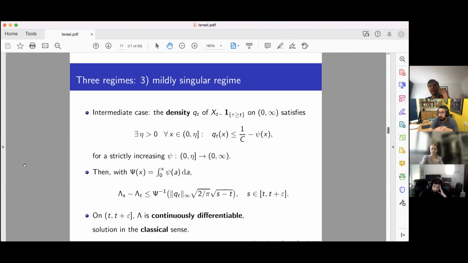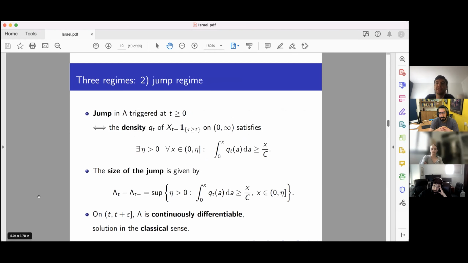Okay, and I should also mention that both in this regime and when you have a jump, once you go slightly beyond time t, on the open interval from t to t plus epsilon, you're back to the classical regime. So this is the key lemma that you need to prove. That was true in the previous slide as well, right? In the second, exactly. That's exactly right.